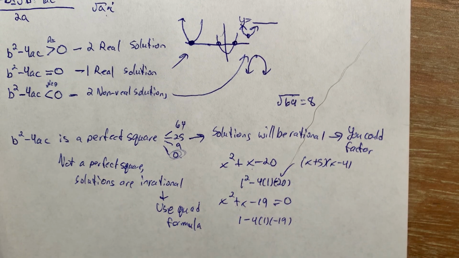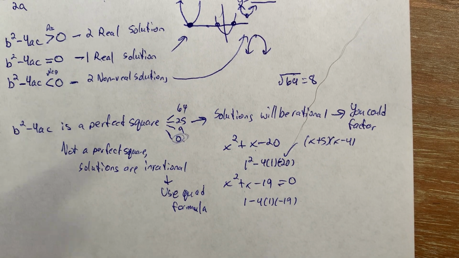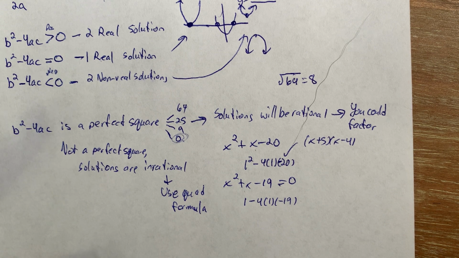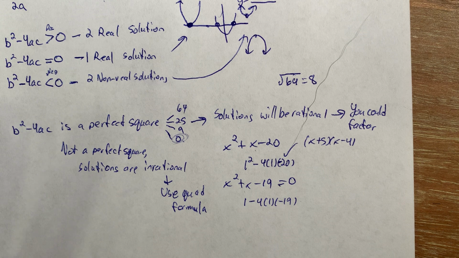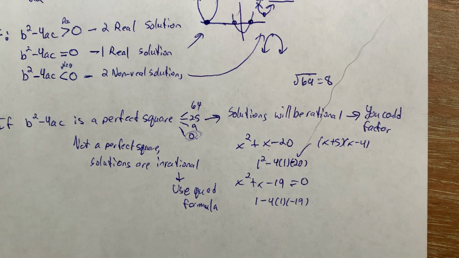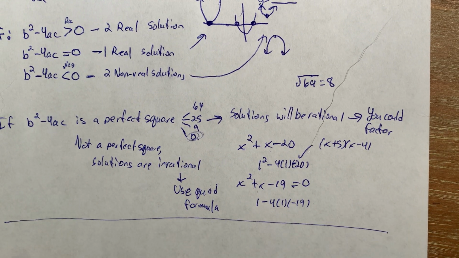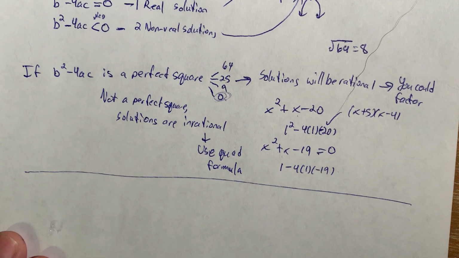What I think most people find fastest is to try for just a few seconds to factor something, and if you don't see the answer, then you say, okay, let me do b squared minus 4ac because I want to see if it's actually possible. And if it's not possible, then you've already done b squared minus 4ac, and so you can go on to use the quadratic formula.